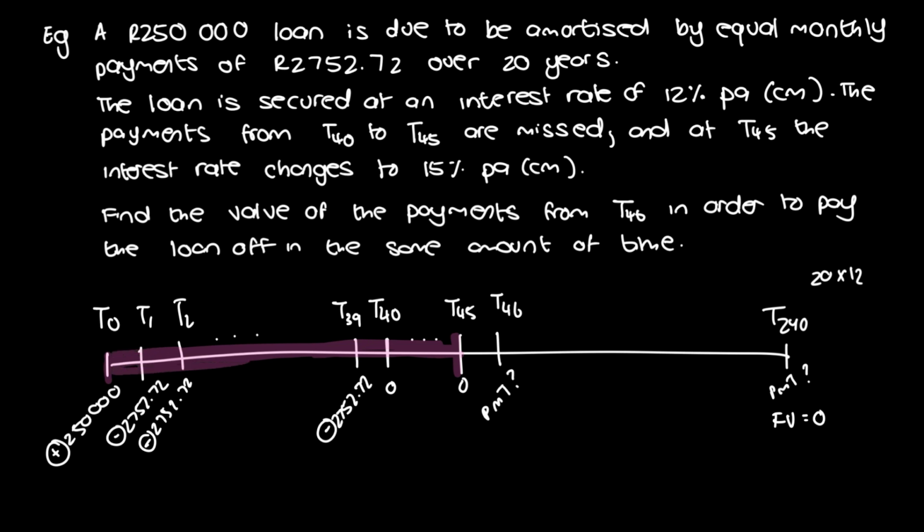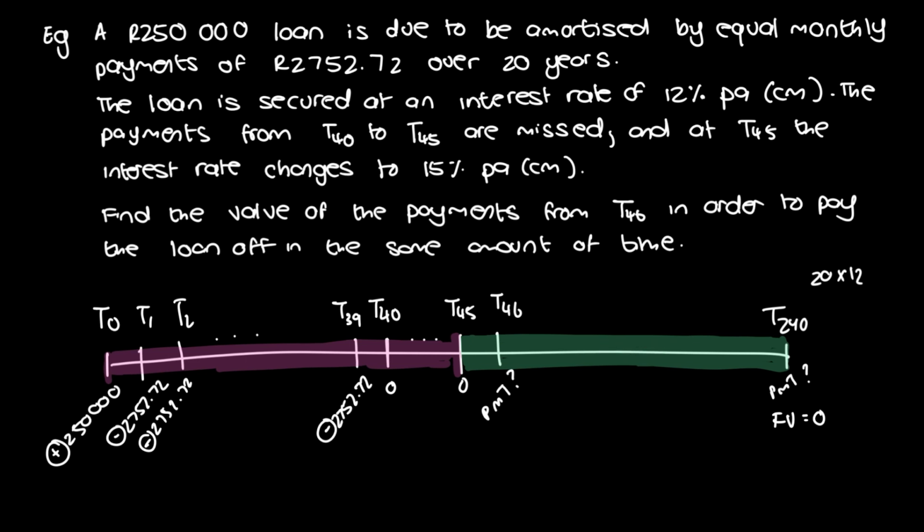We're going to have an interest rate of the original 12%. And then it's going to change to 15%. So from here onwards, it's 15%. So now you can see at least where you will need to break it up to account for the changes in interest rates.